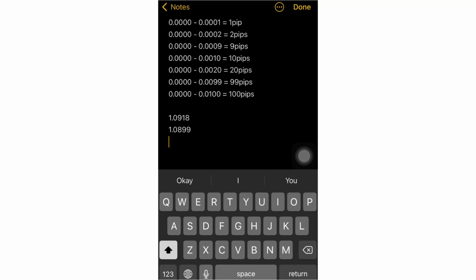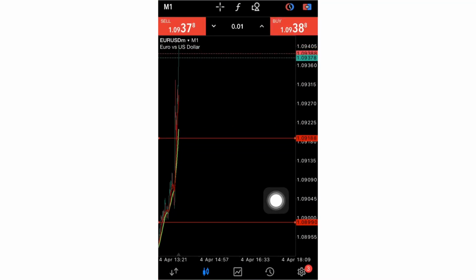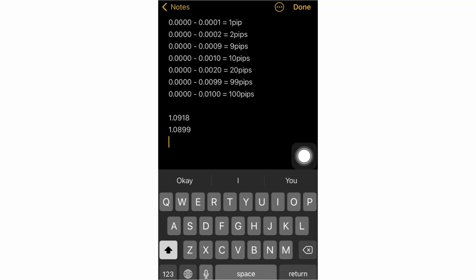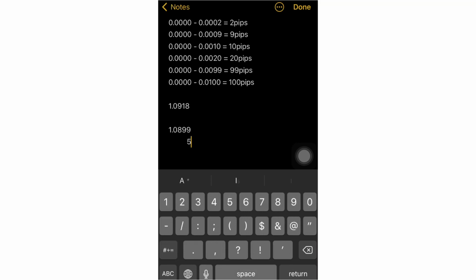Right? Let's say before I even buy, I want to take profit here. Maybe I want to take profit of 5 pips. For example, 5 pips. All I have to do is come to this place, which is my buy, and say I want to take 5 pips for instance. So I put 5 here.